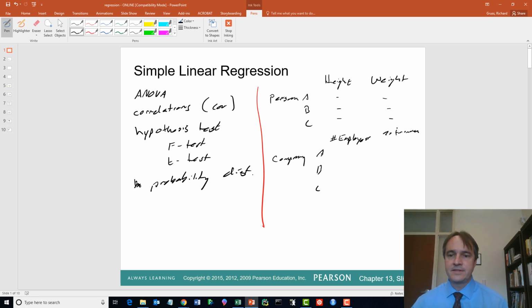Each company has a number of employees and a percentage of turnover, and we might want to know, is there a relationship here where we might be able to predict, based on size, what a normal turnover would be, and to see if we have an unusually large amount of turnover.